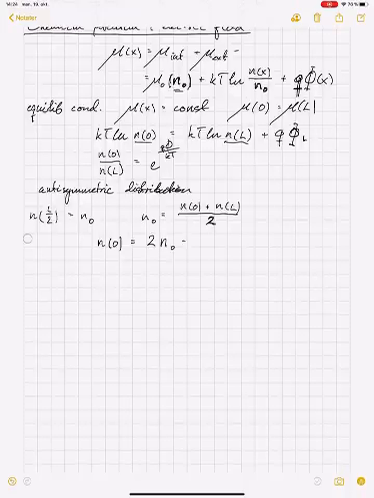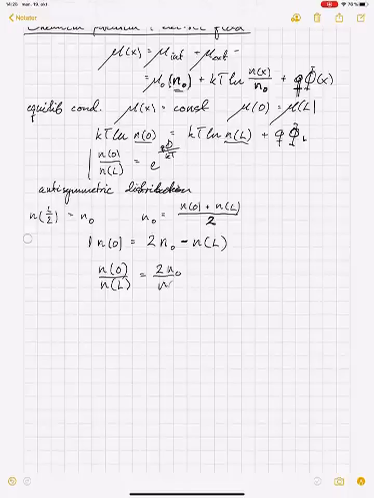And then we can take this expression and put it together with the last one, and we get n of 0 over n of L equals 2n0 over n of L minus 1.